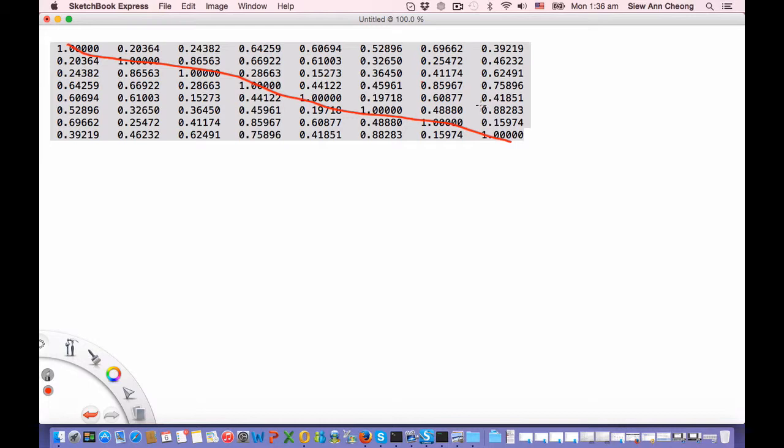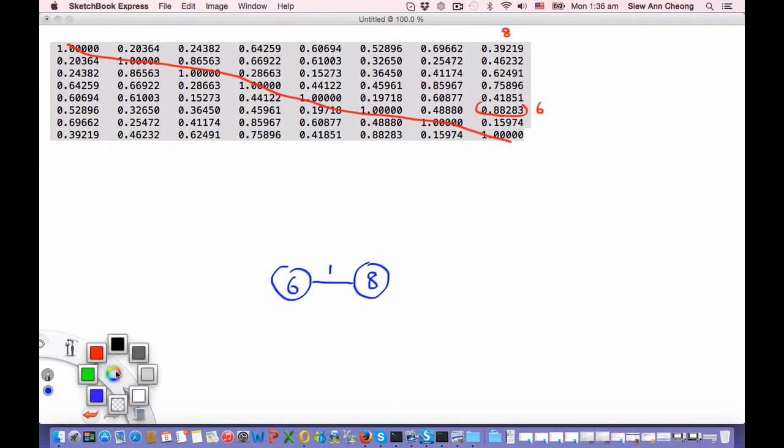0.88283 is the largest cross correlation, and it is between node 6 and node 8. So let's draw that. Okay, node 6 and node 8, and this is the first PMFG link that we have added.